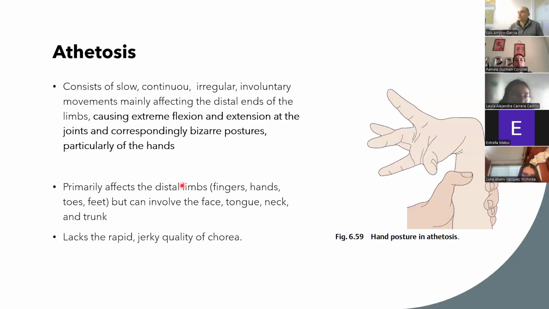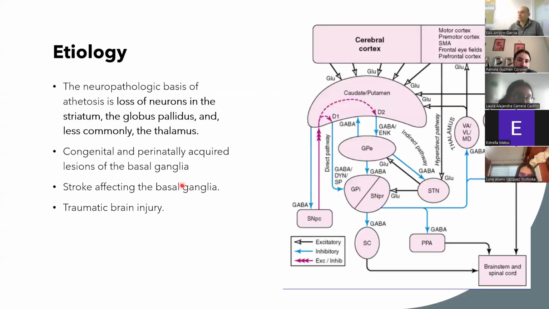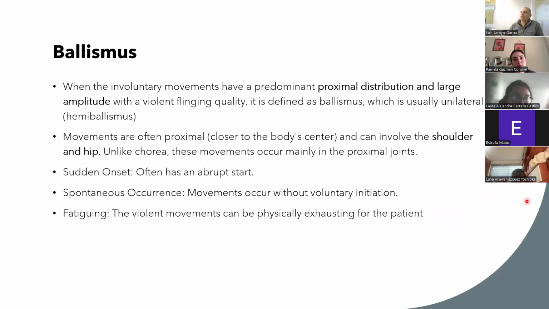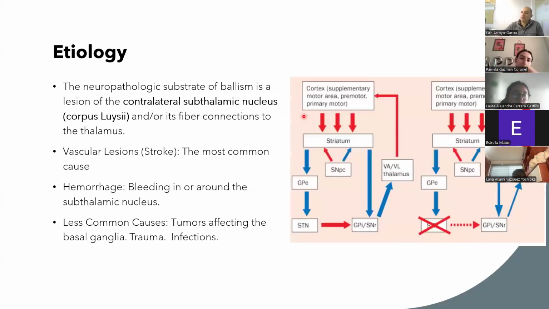If we talk about athetosis, we have loss of neurons in the striatum, but also in the globus pallidus, and we can even have less cell death in the thalamus. And then if we go to ballismus, we're going to talk about the contralateral subthalamic nucleus.